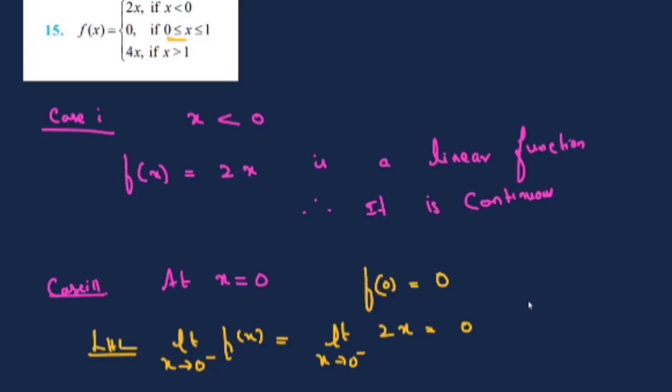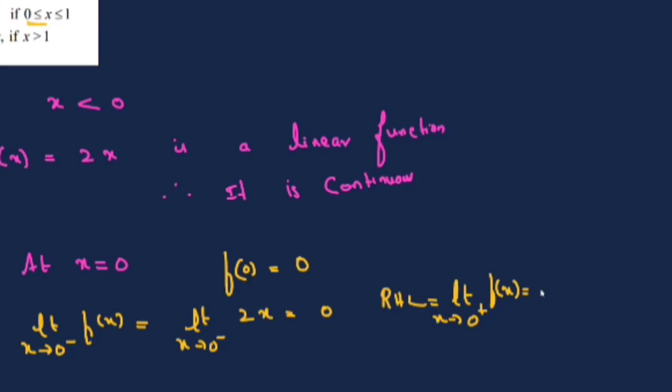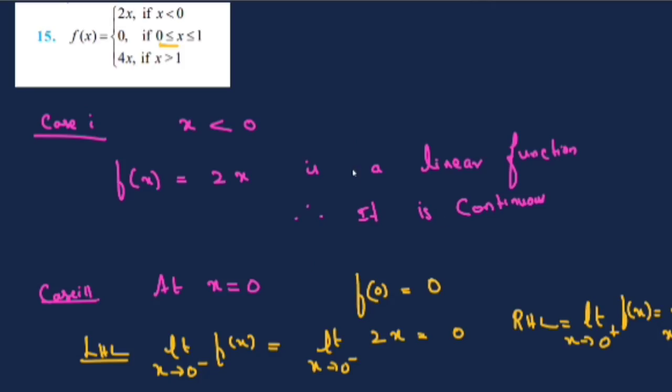Now the right hand limit, x tends to 0 plus of f of x, the right side is 0, they have given it as 0 itself. Okay. So left of 0 it is 0, right of 0 it is 0.